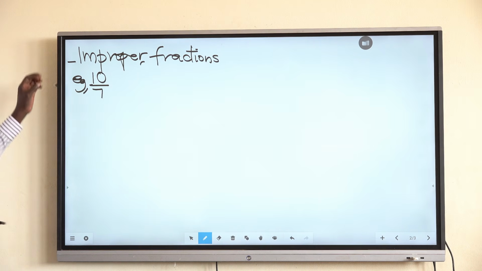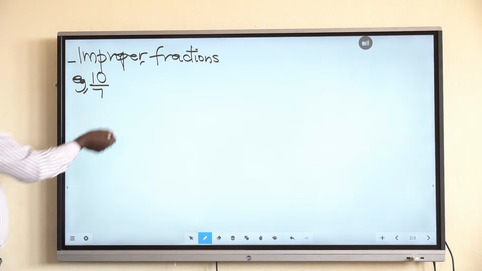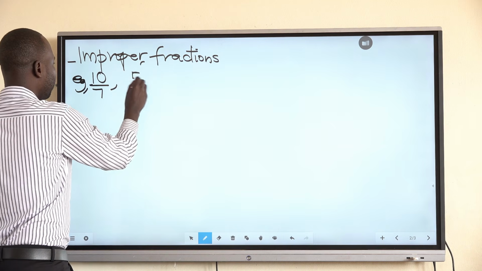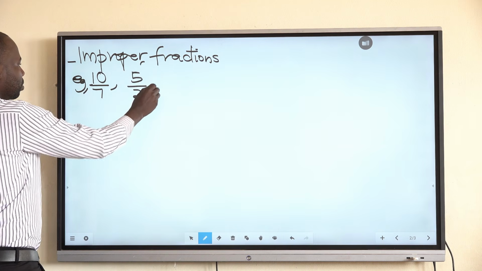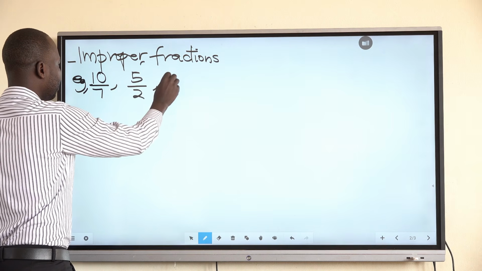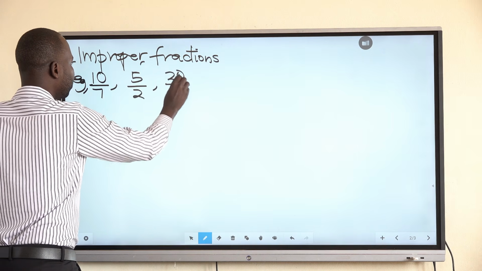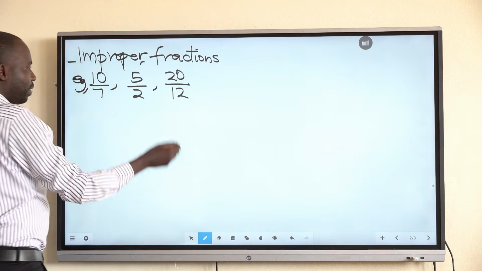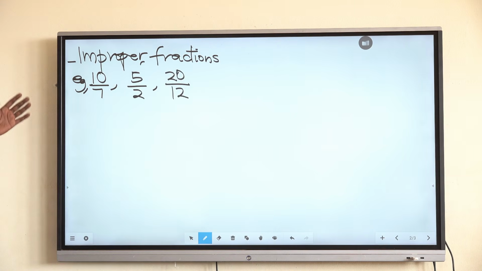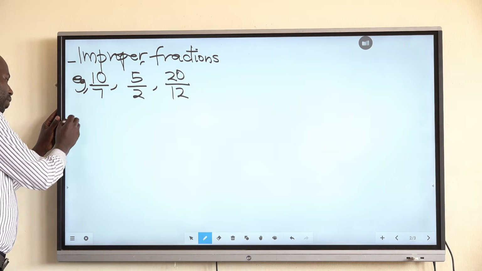For example, you can have 10 out of 7. You can have maybe 5 out of 2. You can have something like 20 out of 12, whatever case, and many more. These ones are improper fractions.